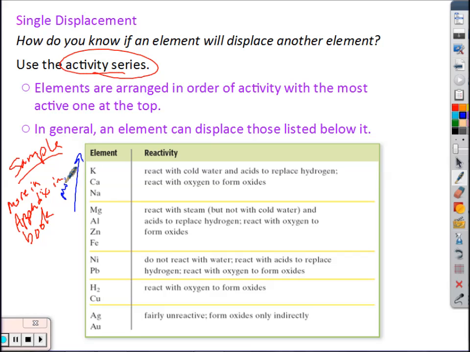These are more reactive as you go to the top and less reactive as you go towards the bottom. So if I put two things together, whatever is on top is most active. That's the one that is likely going to get the ion or the electrons for itself.